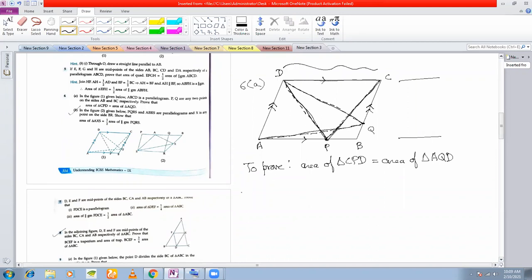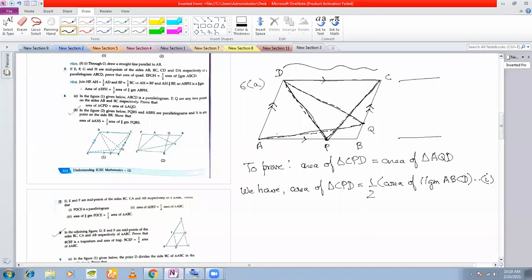So we write that down. So we have area of triangle CPD is equal to half area of parallelogram ABCD. Call this 1.